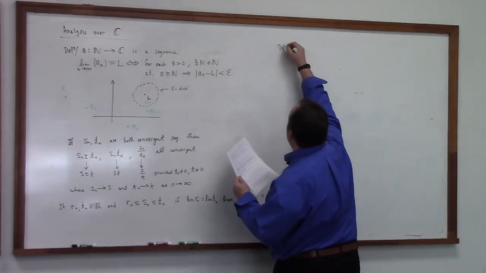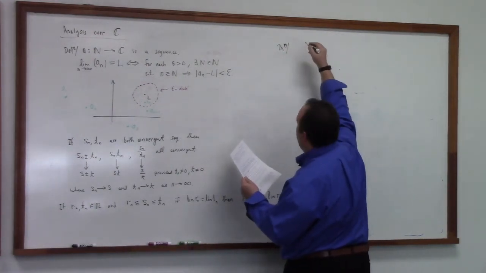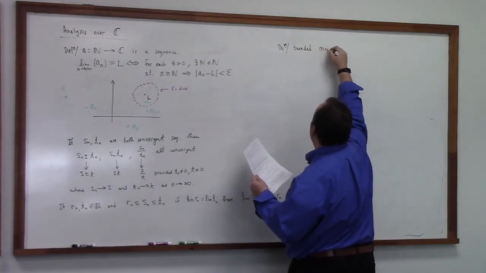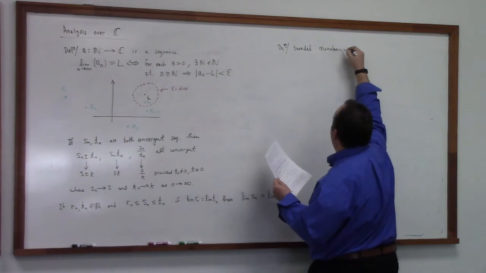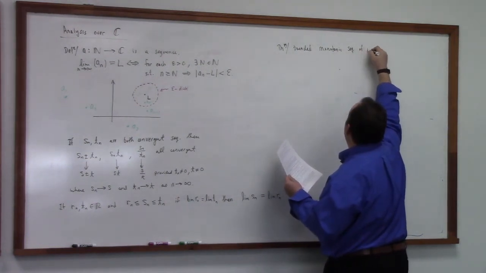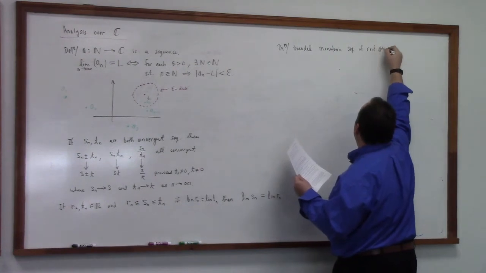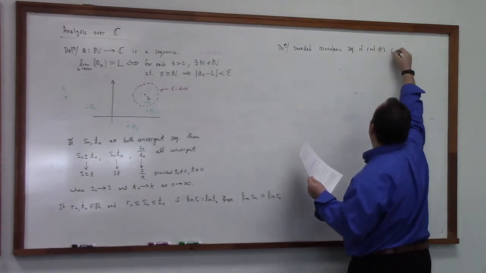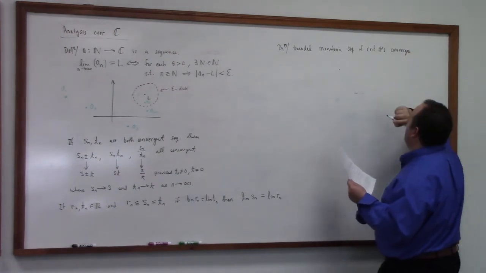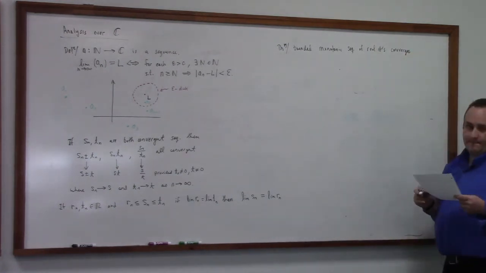A big theorem: a bounded monotonic sequence of real numbers converges. So what does monotonic mean?